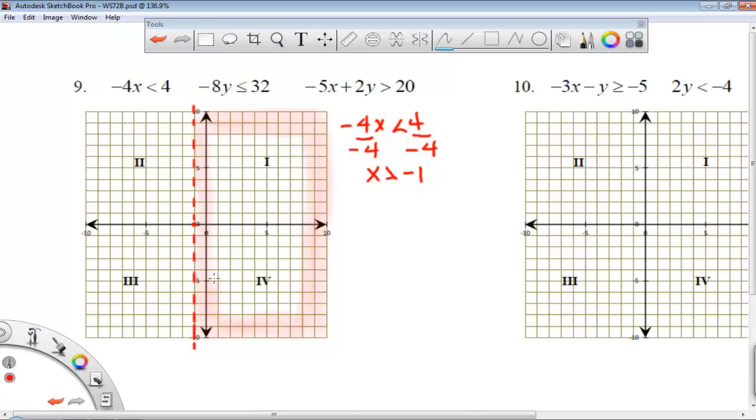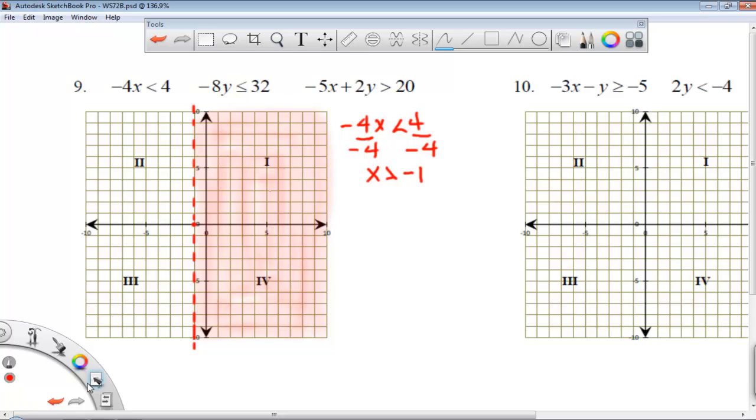But I'm going to do the whole thing like this so I can make sure that people that are still learning how to do this will not get lost. So this area here in pink signifies all the ordered pairs that have x greater than negative 1, irrespective of what the y may be.